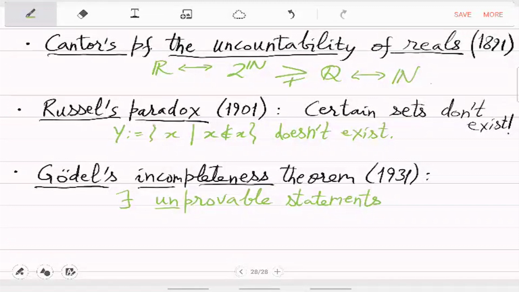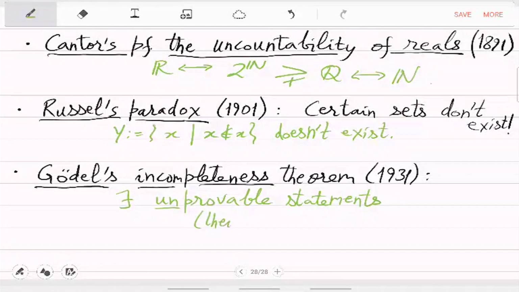Unprovable means that Gödel wrote down a statement which you cannot prove is true, and you cannot prove is false.